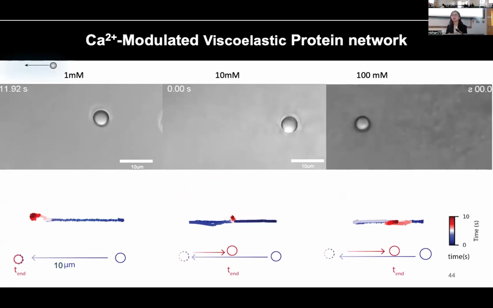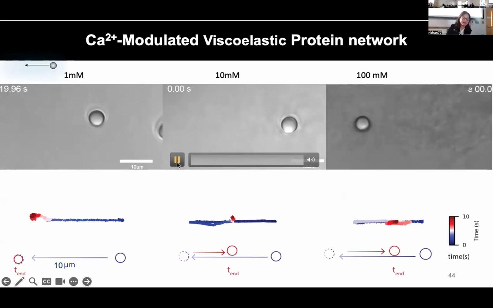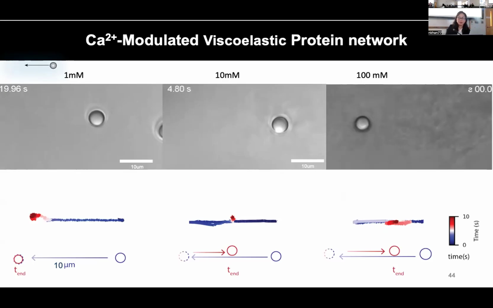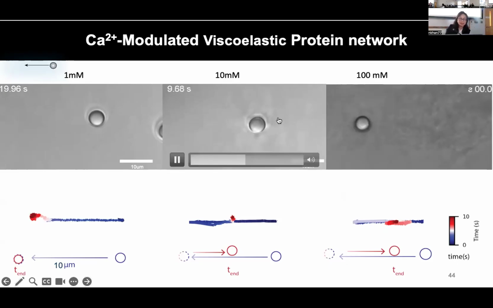If you think about it in water, once you move the beads, they will stay there. If you embed the beads into a rubber, once you move the beads, they will bounce back. So what happens to our system? Let me play the second one. With the middle, connected network, when we release it, it just bounces back.